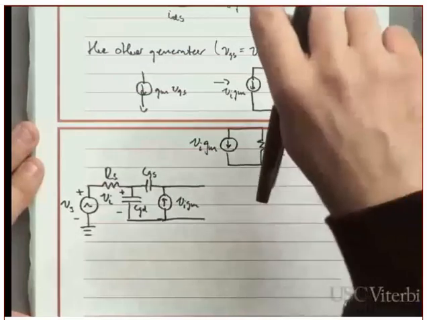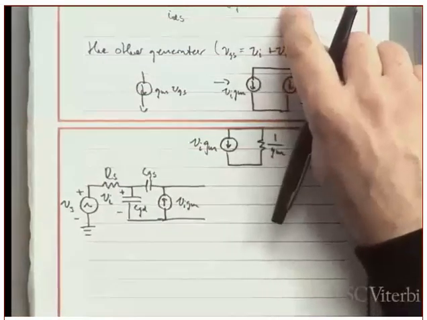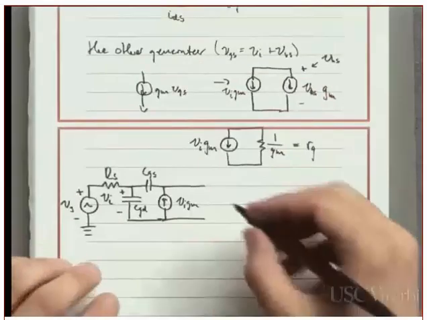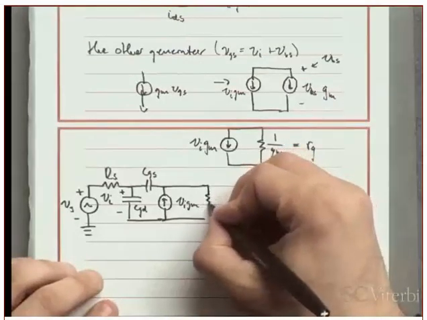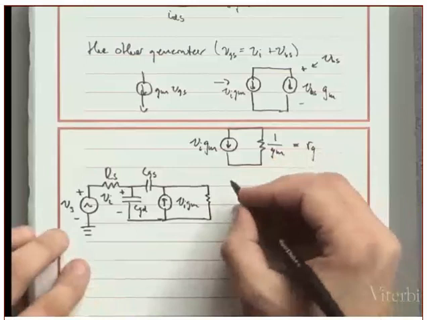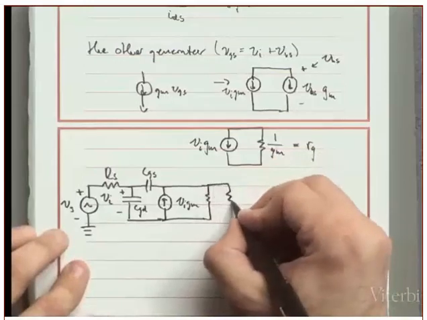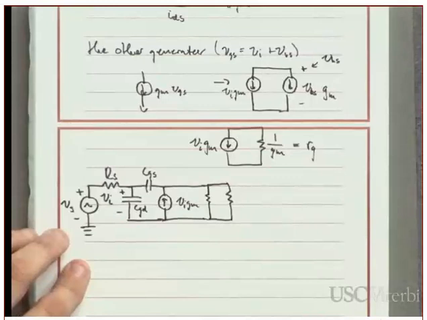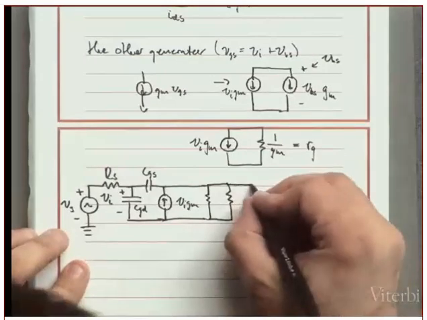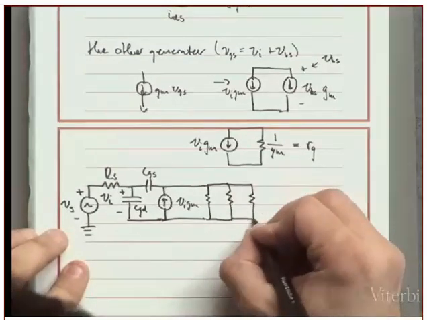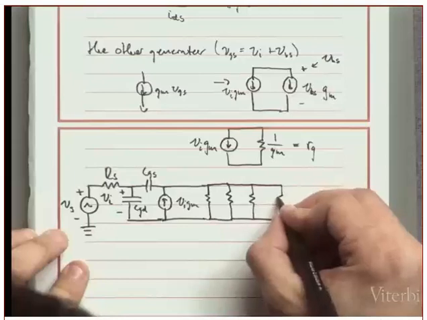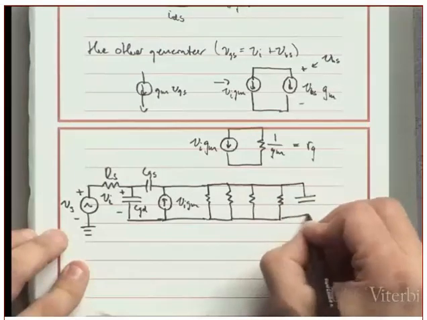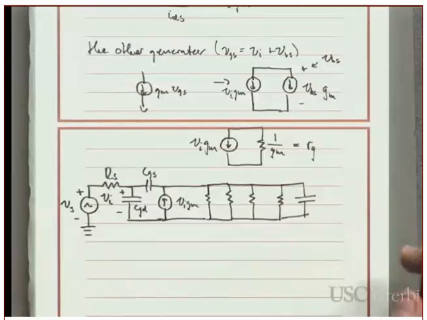So I have this resistor, and it turns out that these resistors are actually in parallel with those. So I have one resistor, two resistors, let's see, 1, 2, 3, 4 resistors. And finally, my capacitor. Okay.